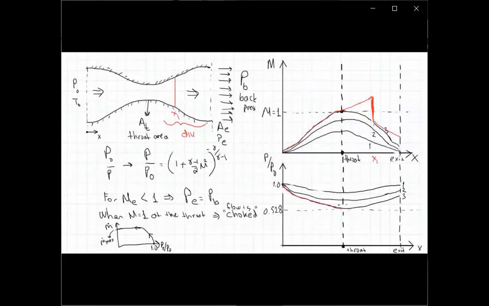Then pressure will keep dropping until the x1 location where we have the shock wave. Then there will be a jump in the static pressure, and then it will go up as in our fourth scenario.